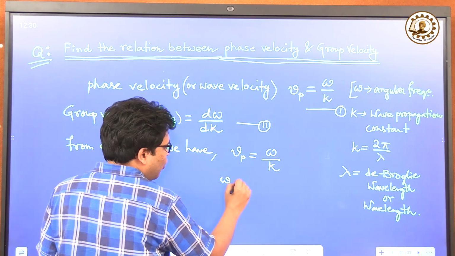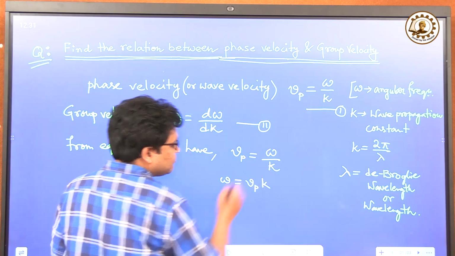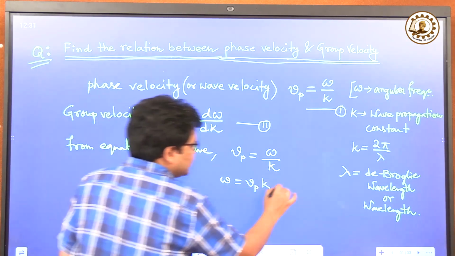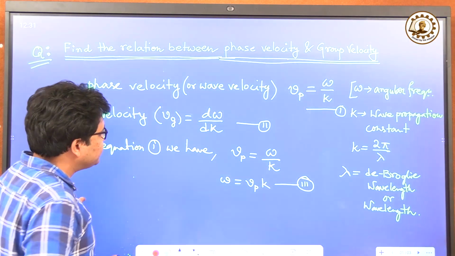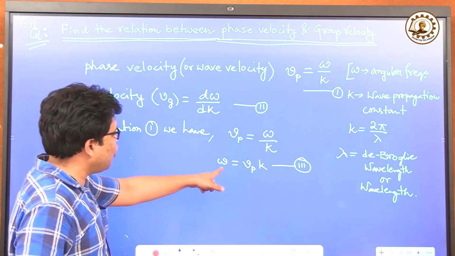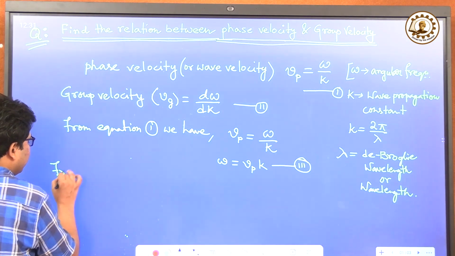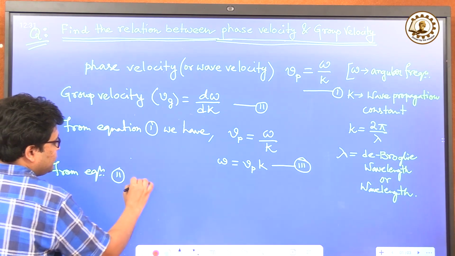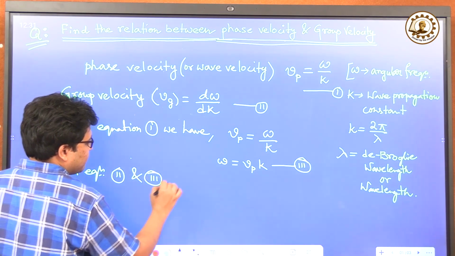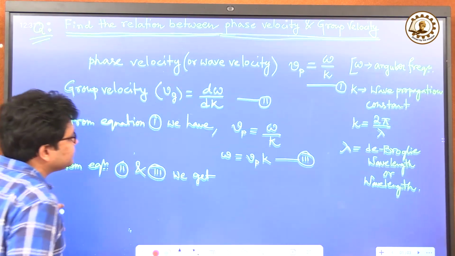We can write omega equals Vp into k. So this is our equation number 3. Now if we substitute the expression for omega from equation 3 into equation number 2, what do we get?